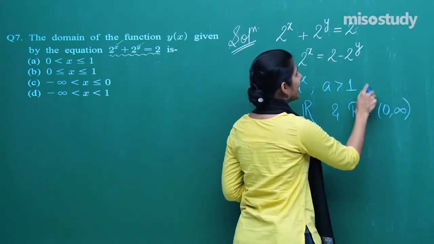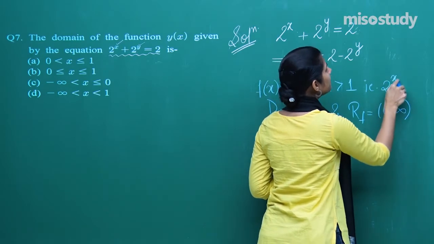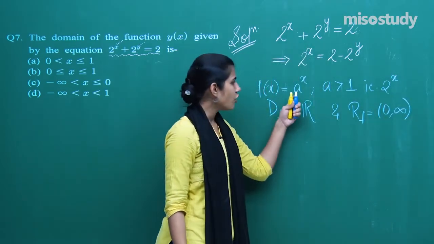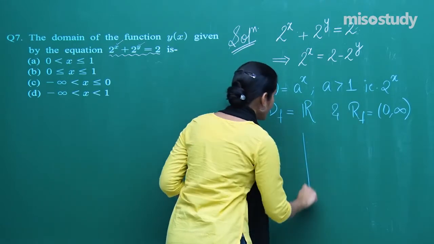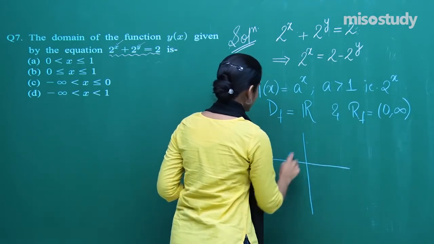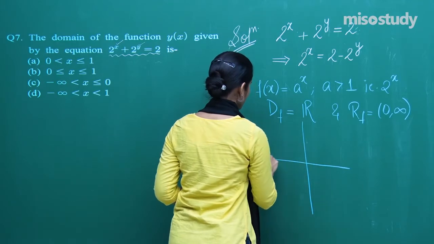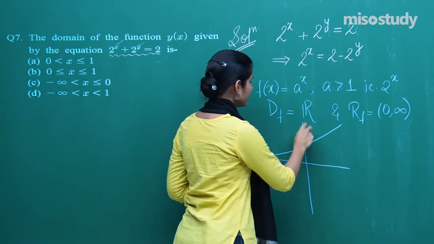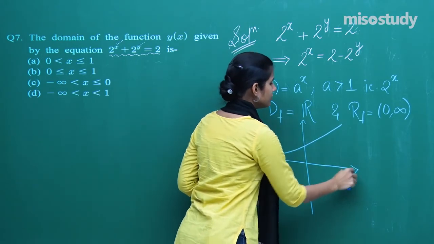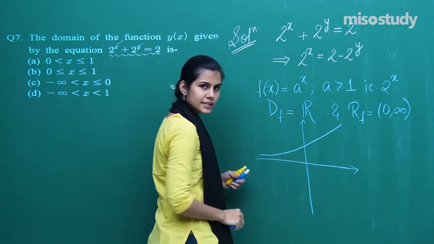So, over here we have 2 to the power x with us instead of a, there is 2 and it is greater than 1. The graph which will be formed is like this. Well, this is nothing but minus infinity.